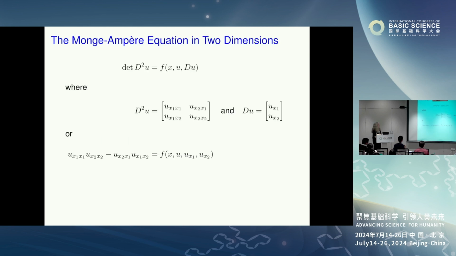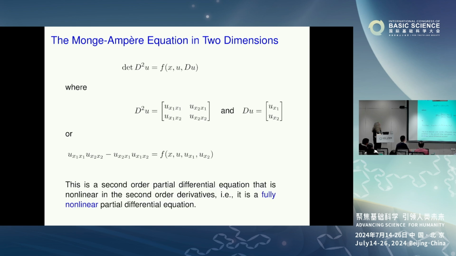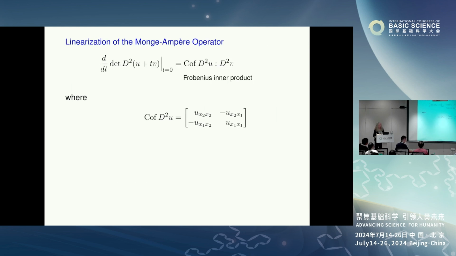So this is the Monge-Ampere equation in 2 dimensions. This is a second-order partial differential equation that's nonlinear in the second-order derivatives. In other words, it's a fully nonlinear PDE. The linearization of the Monge-Ampere operator is given by the Frobenius inner product of the cofactor matrix of the Hessian of u and the Hessian of v.